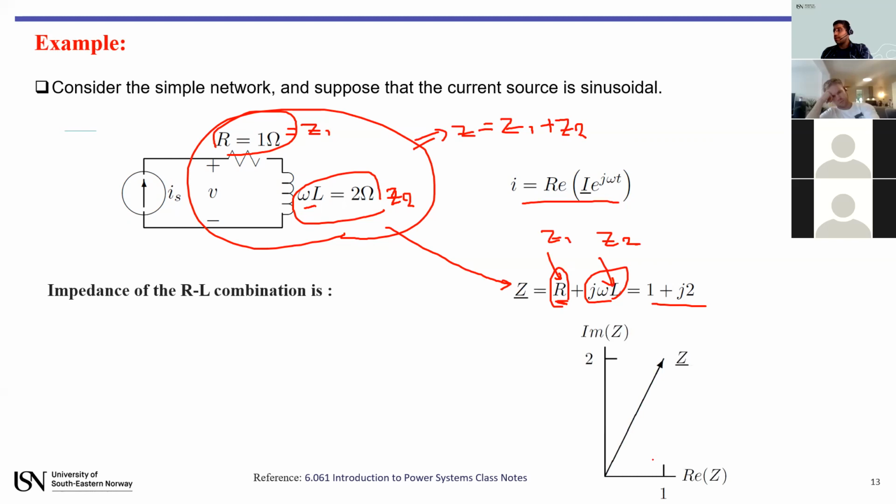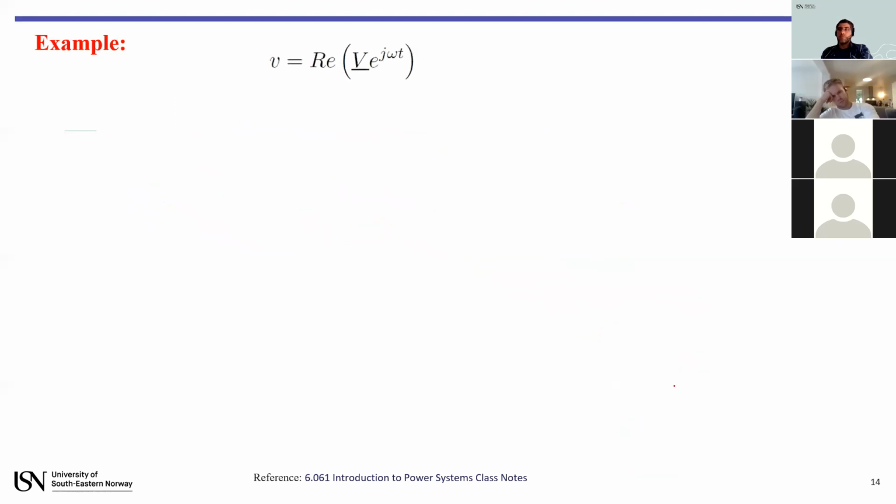And you can see it here. 1 plus j2, where 1 is the real part. And if you add it with this part, because it is j2, on the imaginary part, the final vector will be Z. It's the final impedance.